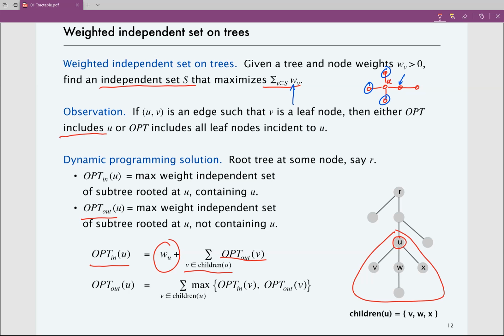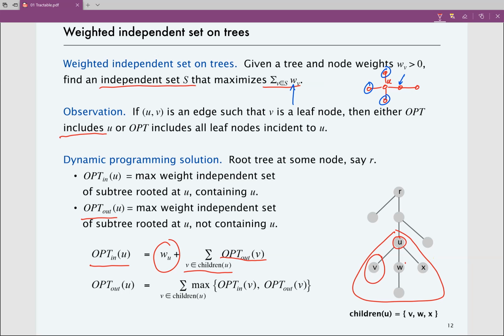So for each child V of U, we're going to look at the maximum weight independent set you can have where you do not include V in V's subtree. For each of these children of U, we're going to have one of these opt-out of V values. Basically, for this subtree, if I force myself not to include V, what is my optimum value?